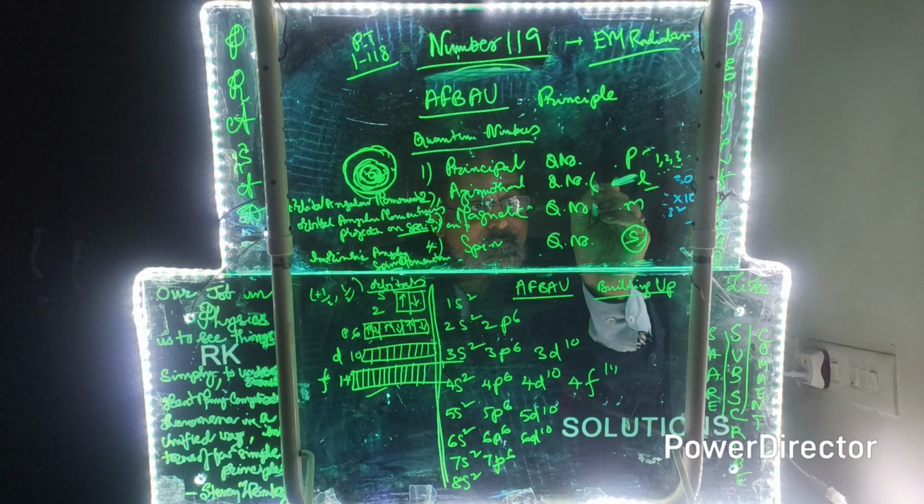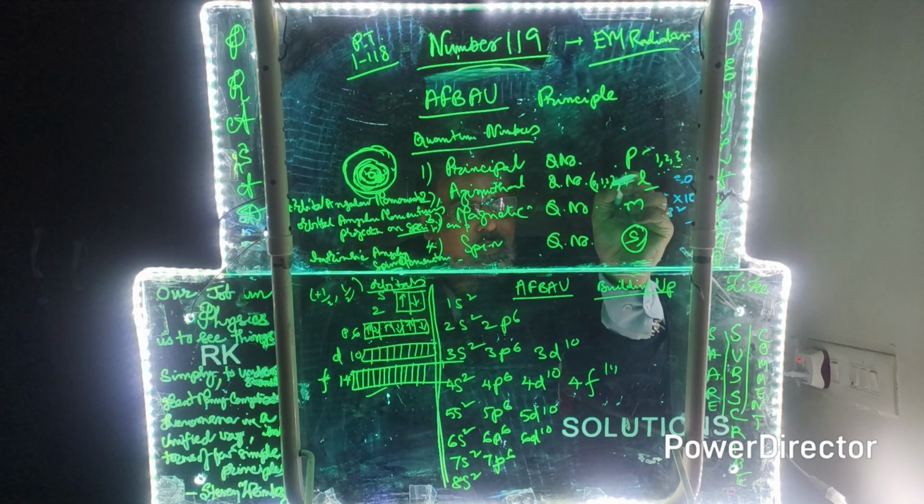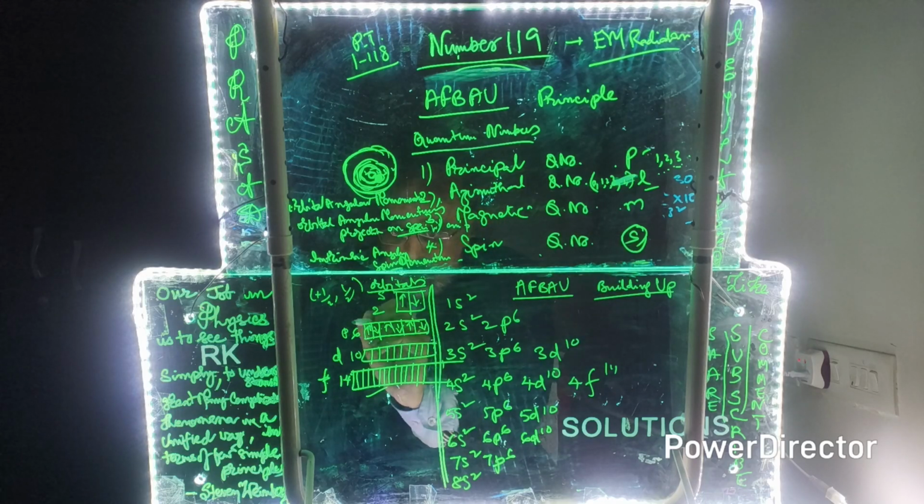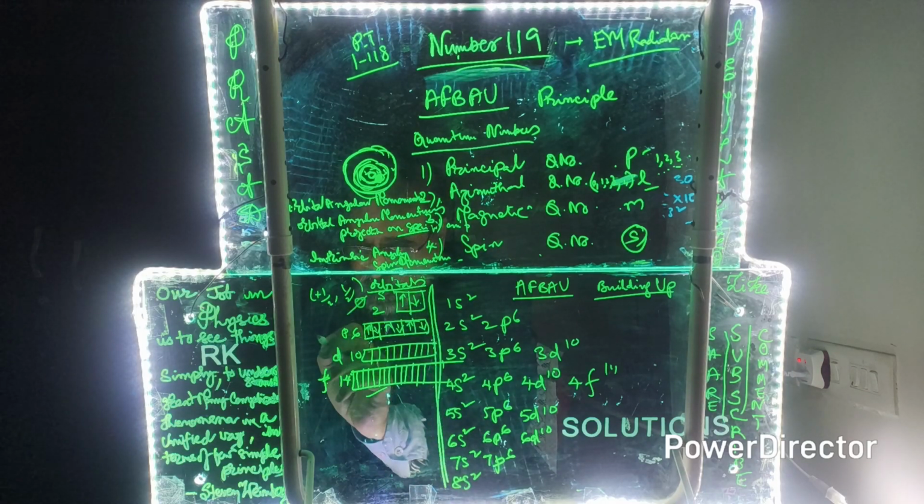Azimuthal can have 0, 1, 2, 3, 4 like that. Whereas s will take azimuthal value of 0. P is 1. D is 2. F is 3. Azimuthal quantum number.